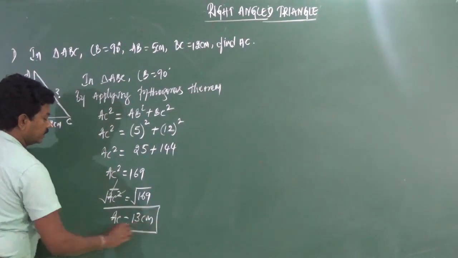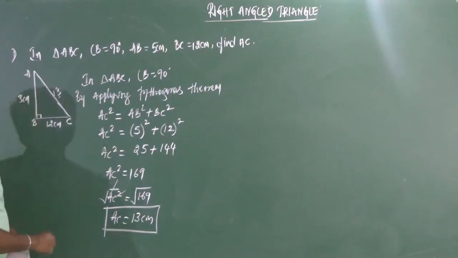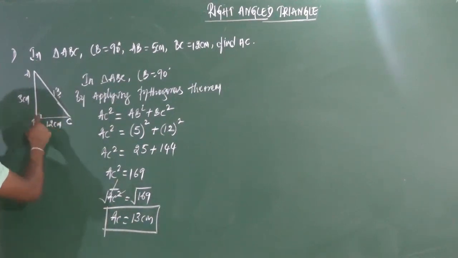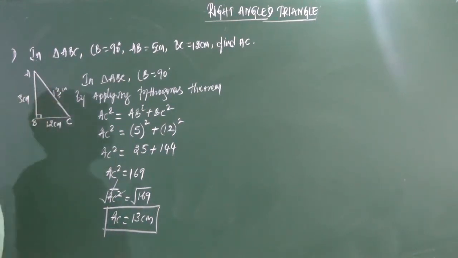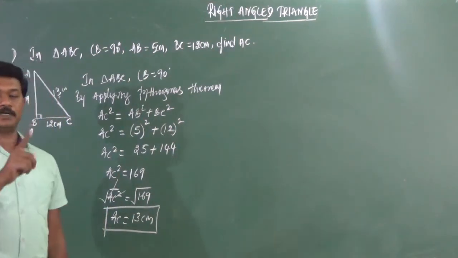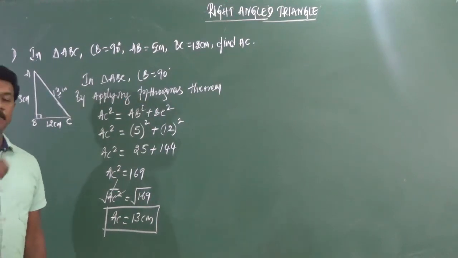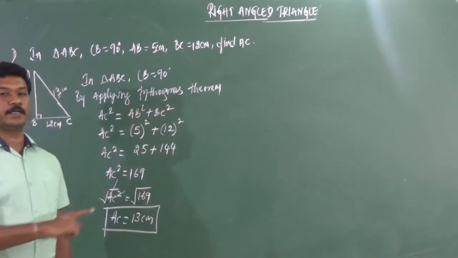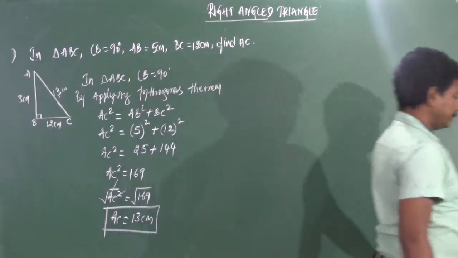These three natural numbers, 5, 12 and 13, satisfy Pythagoras theorem, so they form a Pythagorean triplet. Right, it's a simple one.